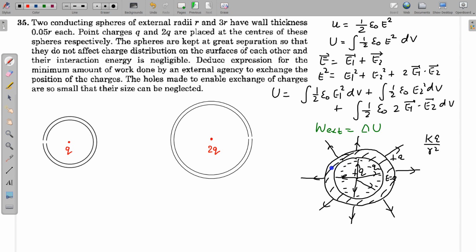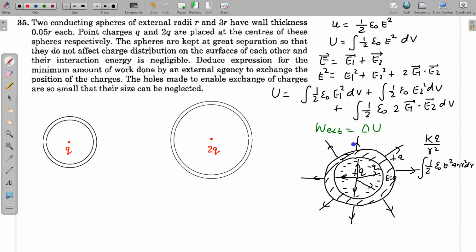So the energy stored, if we want to calculate, we can use this expression, half epsilon naught E square. This will give the energy density at a particular region. If we have to find the energy stored in a particular region, we have to take an element, obviously a spherical shell element, whose volume will be 4 pi r square dr. Then we integrate this from a suitable initial r to final r, and in that region we can find the energy stored.